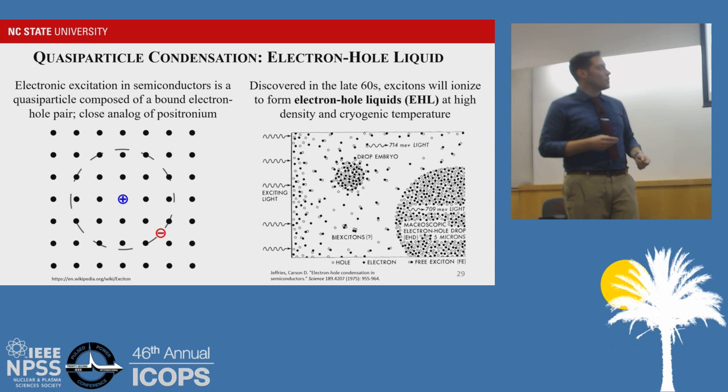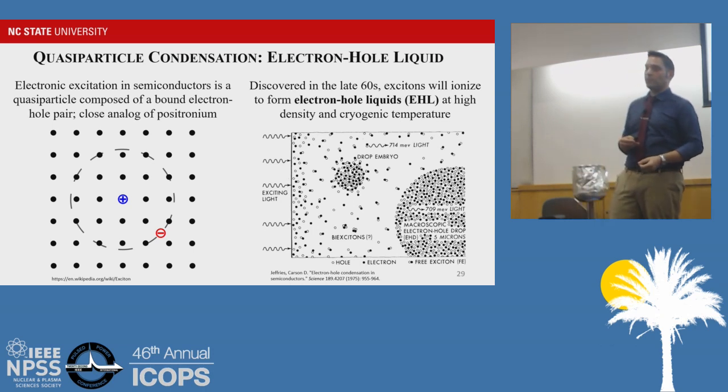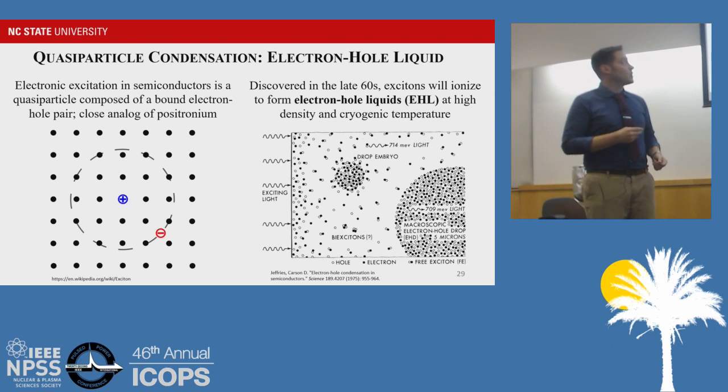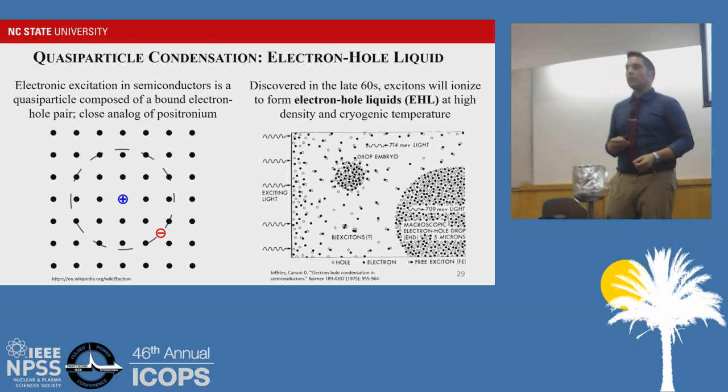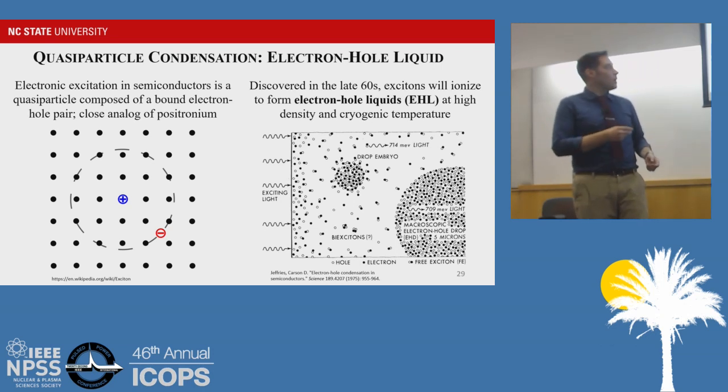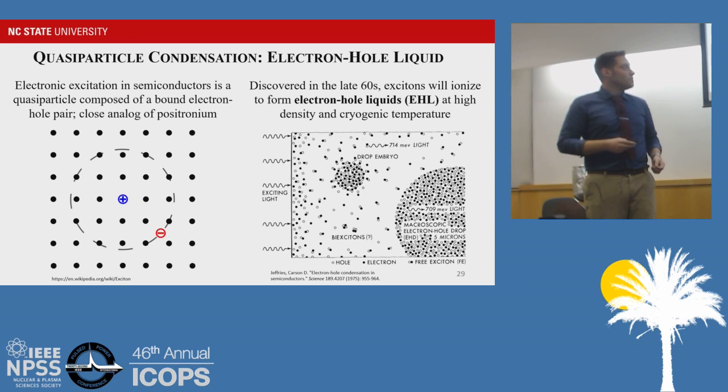So we have an electron and a hole, and they will have a Coulomb attraction to one another, and they can form bound states in semiconductors, and these are known as excitons. These excitons are really analogous to positronium because they're about the mass of an electron. And so that's where the analogy lies.